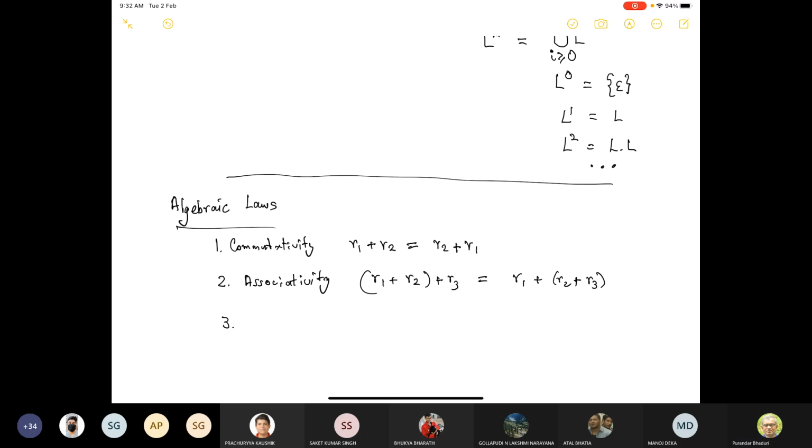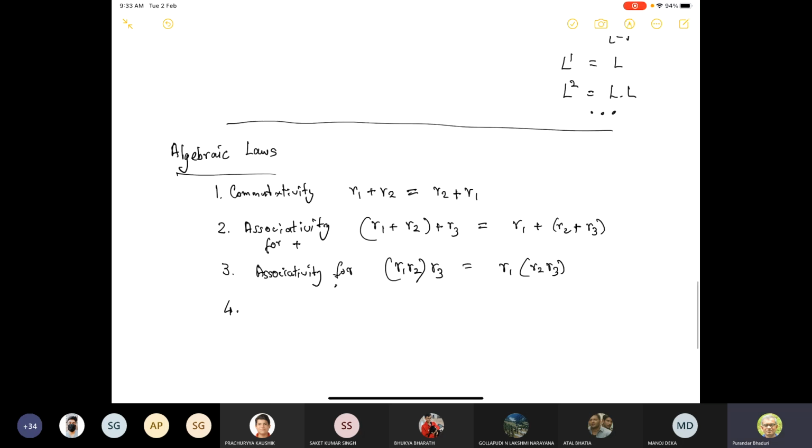You also have associativity for dot, or concatenation, which says that if you concatenate R1 and R2 and then R3, that is the same, meaning they denote the same regular language as concatenating R2 and R3 first, and then concatenating the result with R1.